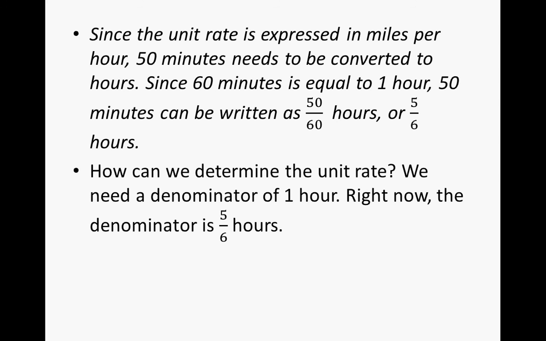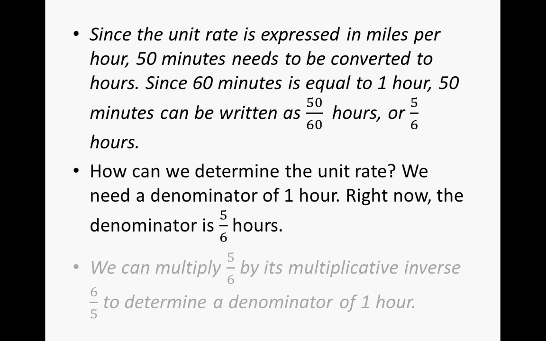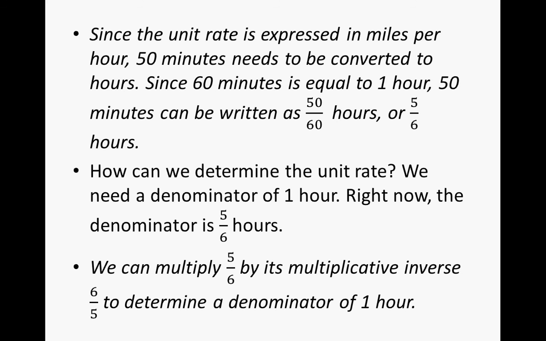How can we determine the unit rate? We need a denominator of 1 hour. Right now the denominator is 5/6 hours. We can multiply 5/6 by its multiplicative inverse, or the reciprocal, 6/5, to determine the denominator of 1 hour.